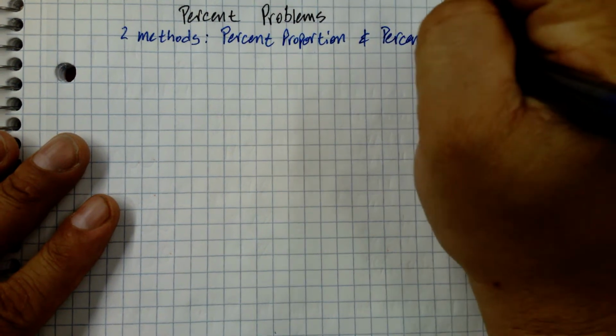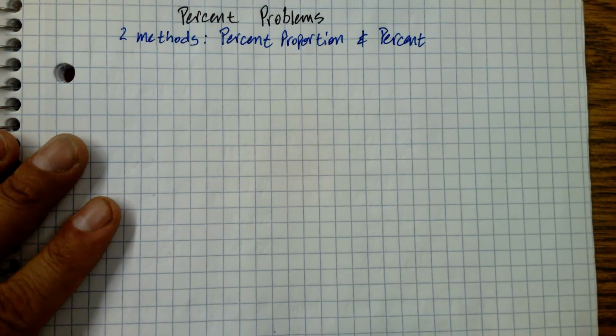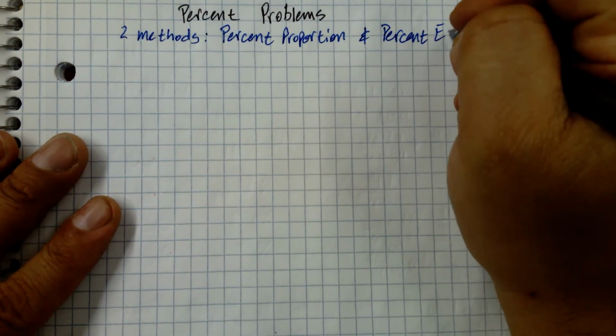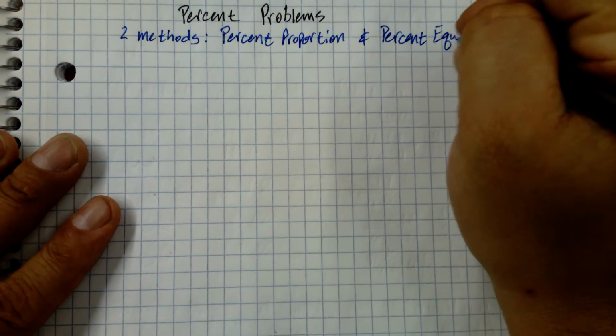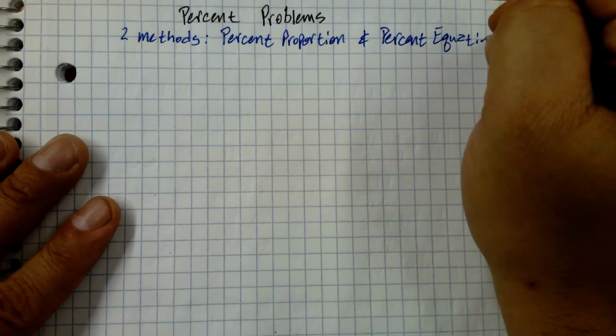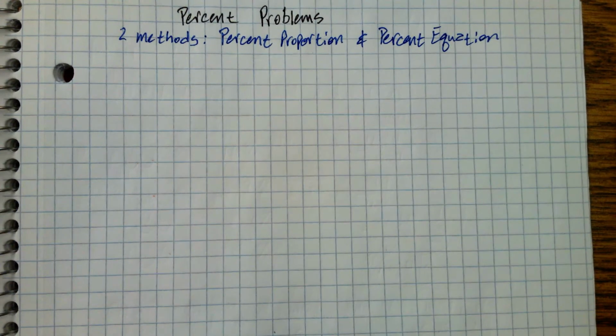I'm not going to say one is better than the other. Whatever you get comfortable with, you can use, but we will be using either for a while because for the next few days we'll be answering all kinds of real world questions that involve percentages. Okay? So we're going to use both. So let's talk about what they are.